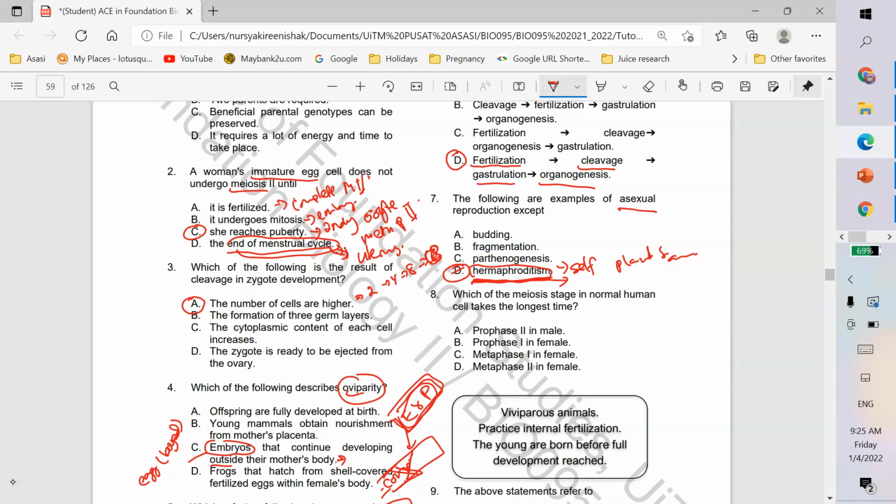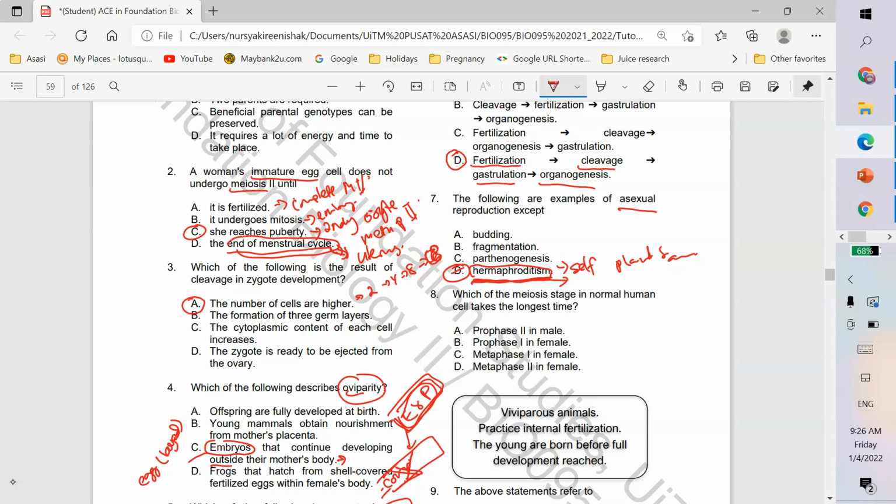Tapi this organism is also capable of undergoing normal fertilization such as in the bees colony, kan, the queen will produce egg, so the egg will either develop into a haploid male, so haploid male will develop from unfertilized egg, so the male will become the drone, the soldier for the colony, okay, soldier yang akan jaga colony tu. Tapi kalau the egg is fertilized, so it will become the female worker.